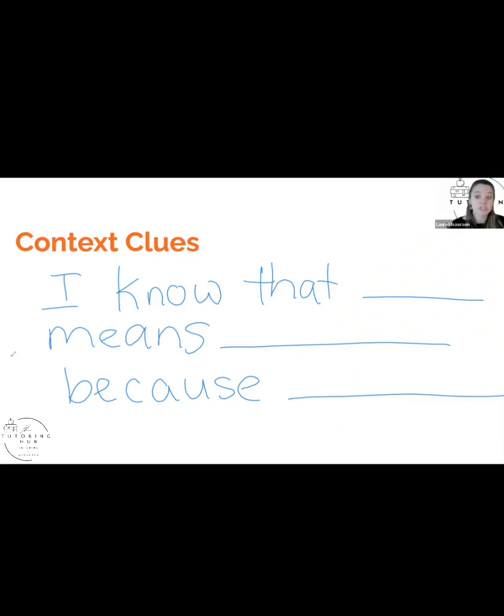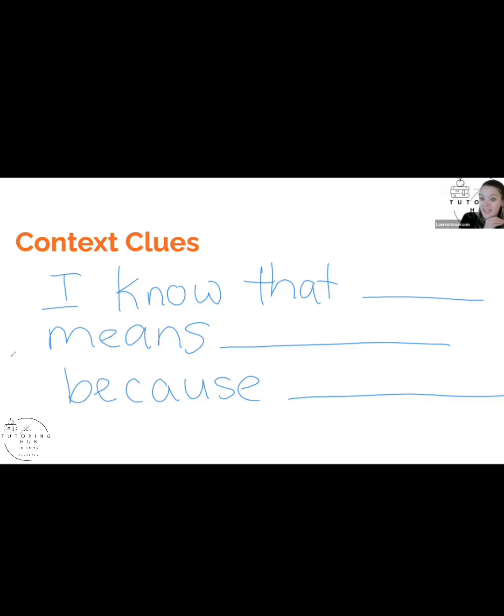Maybe there's a picture that gave you a clue. Maybe according to the text, you found the words in front and behind that word really clued you in, gave you an example, gave you a definition. Or maybe you have a lot of pages, so you go back to on page number blank.